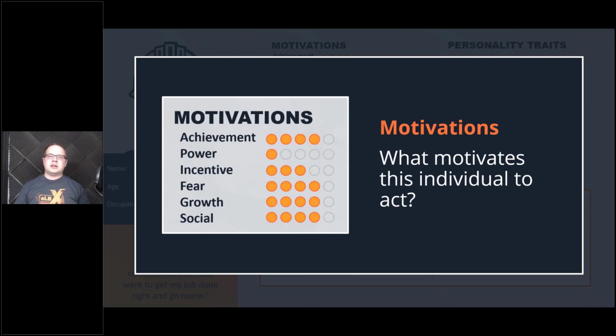And you keep those in mind as you're building your courses, because depending on how you're framing your material, you could be trying to motivate someone that is greatly motivated by achieving something great in a way that's actually more appropriate for someone that's more power oriented.